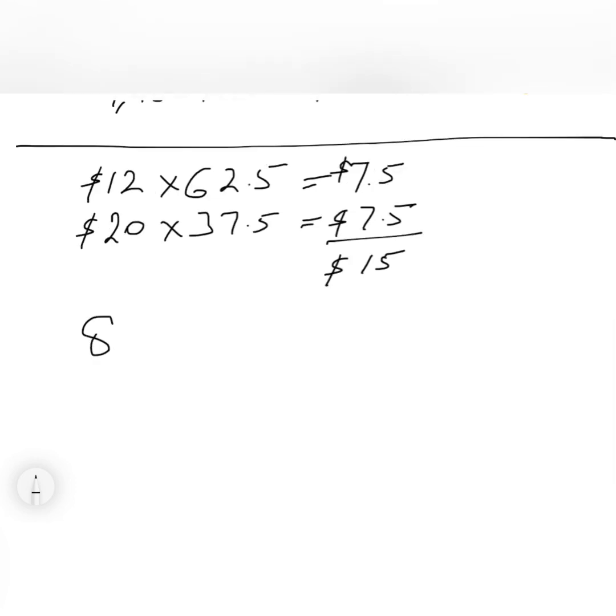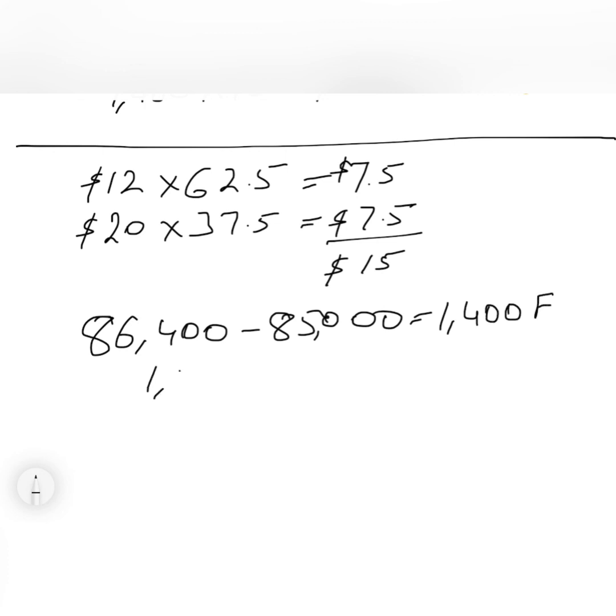So now use the flexible budget of 86,400 hours minus the actual hours of 85,000, which yields 1,400 favorable hours. Multiply the 1,400 favorable hours by the rate, and the rate is always going to be standard in this case, and that's the average standard rate of 15, which will give you the $21,000 in favorability.